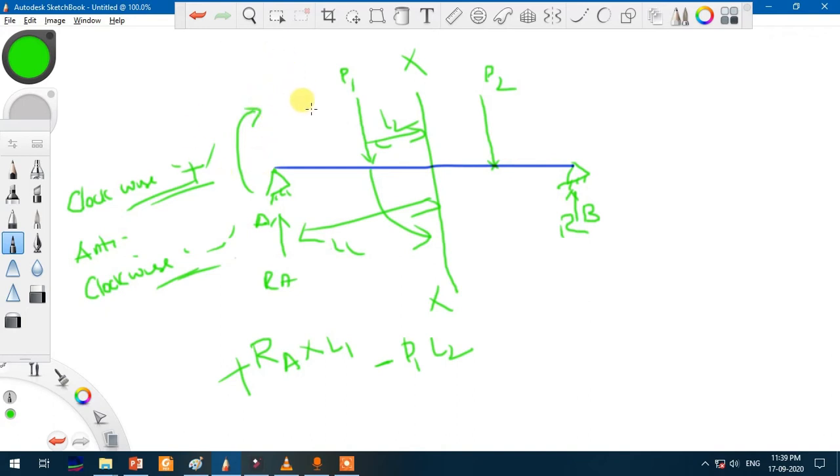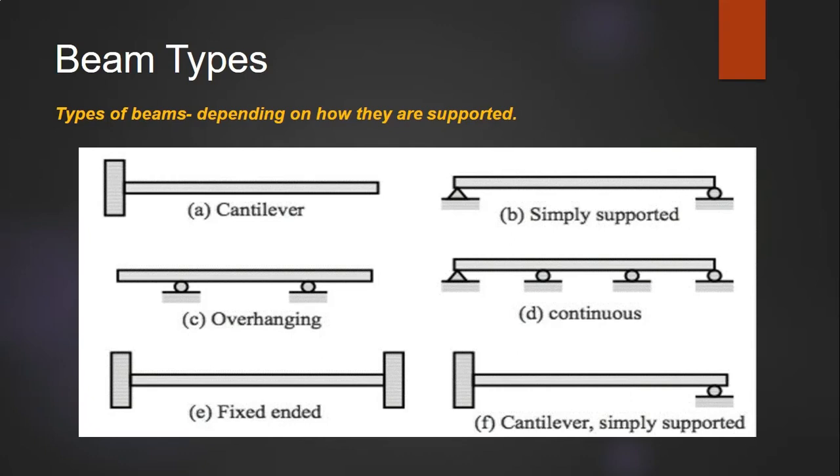The direction of the movement is clockwise, so positive, and this is negative. These are the different types of beams that you are going to practically see. So first one is cantilever.